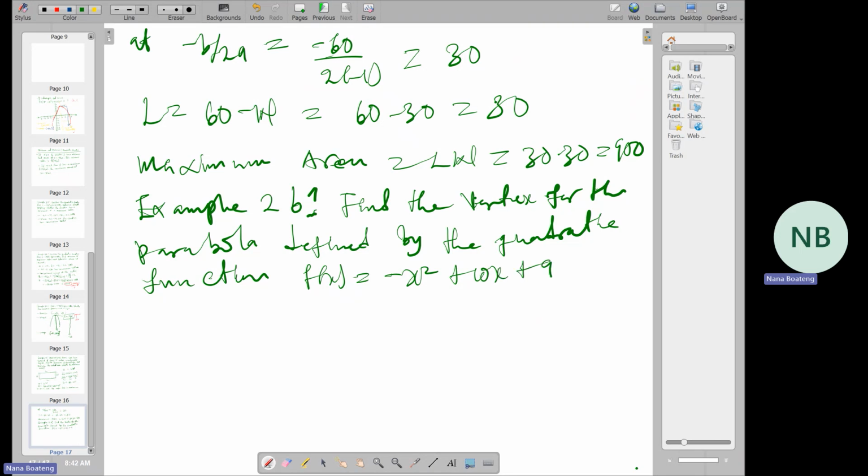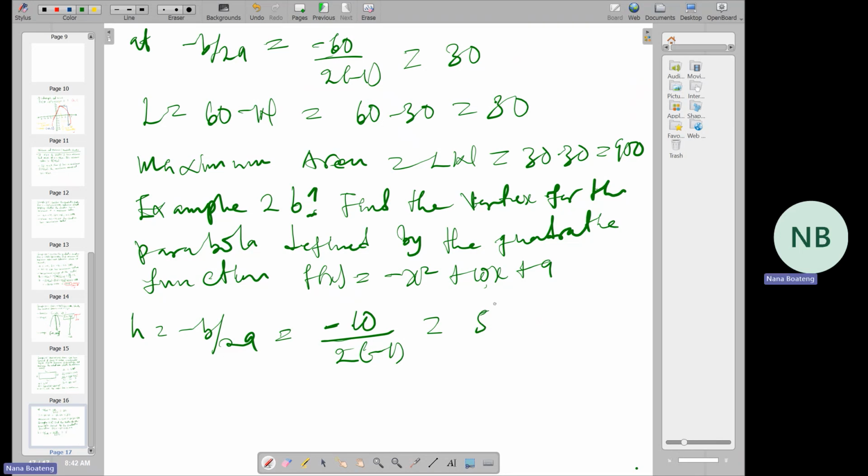All right, so to find the vertex, h is just equal to minus b divided by 2a, and b is 10, so 10 divided by 2 times a, which is negative 1. So this becomes negative 10 divided by negative 2, which is 5.